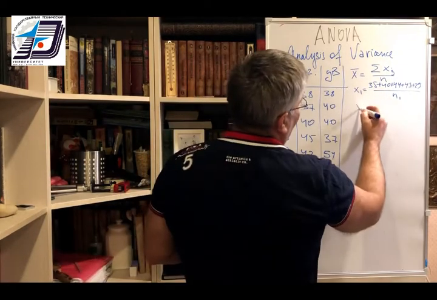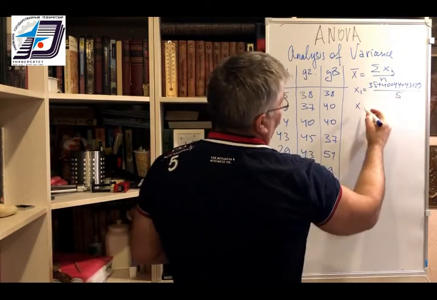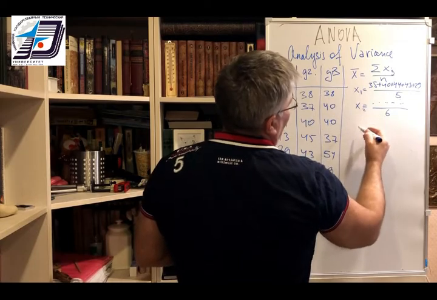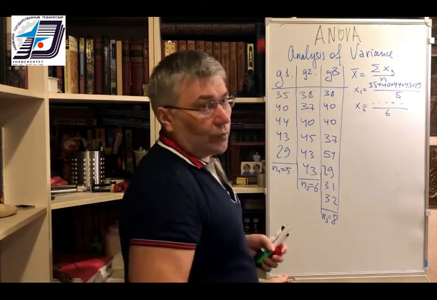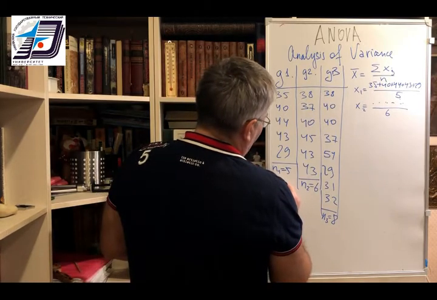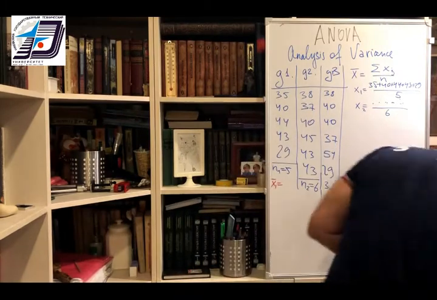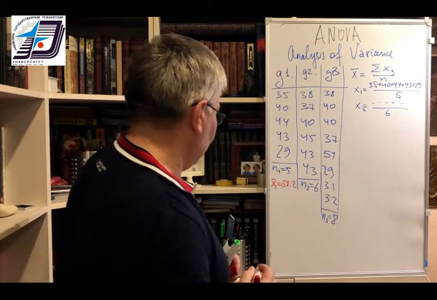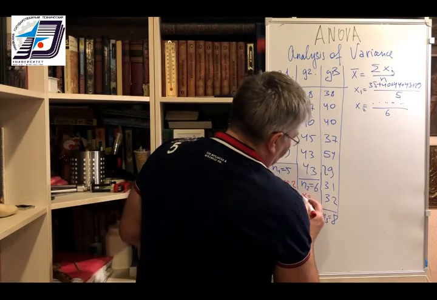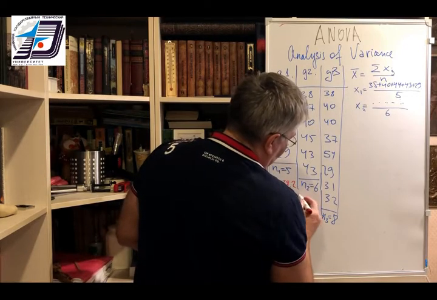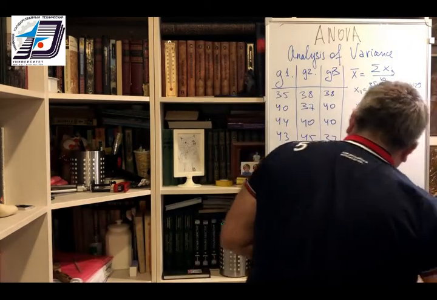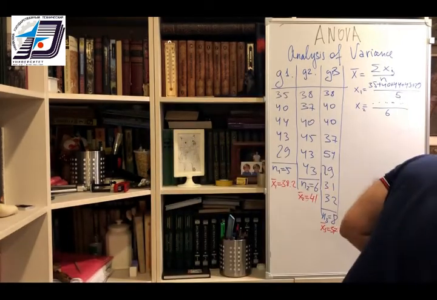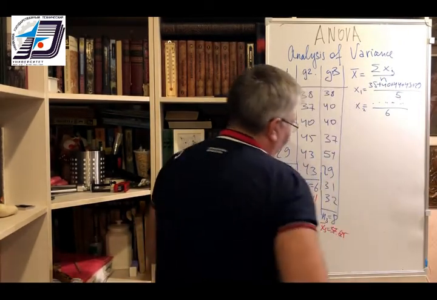And the same thing we can do for the second group with n2 equal 6, summation over 6, and the same thing for x3. Calculating through Excel, I have x1 equal 38.2, x2 equal 41, and the mean of the third group is 37.625.